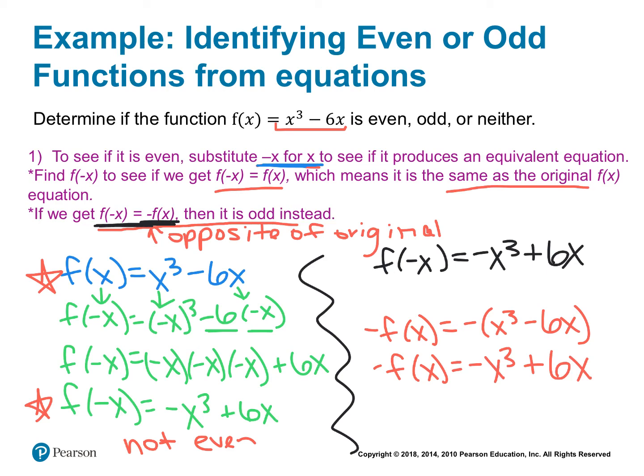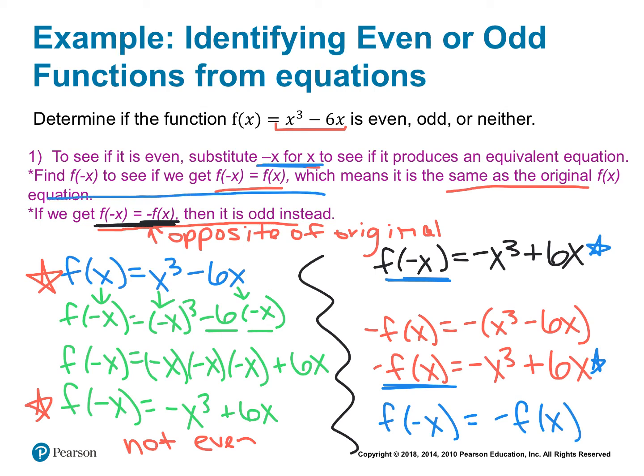This does match this one. Therefore, this is equal to this. And if we look back here, we said if we get that, it is odd. So this answer is odd. It is an odd function.